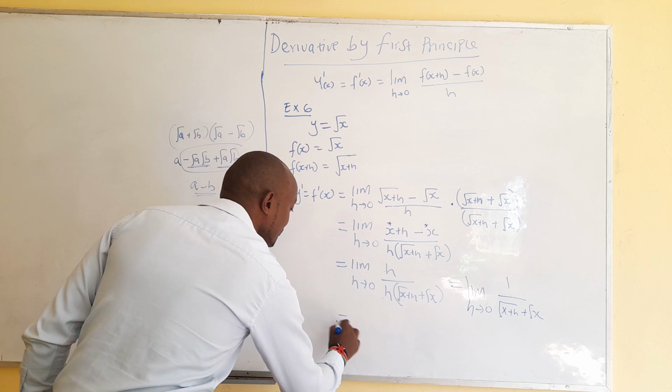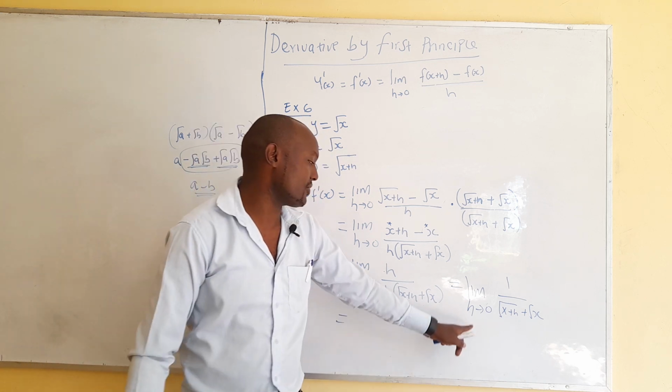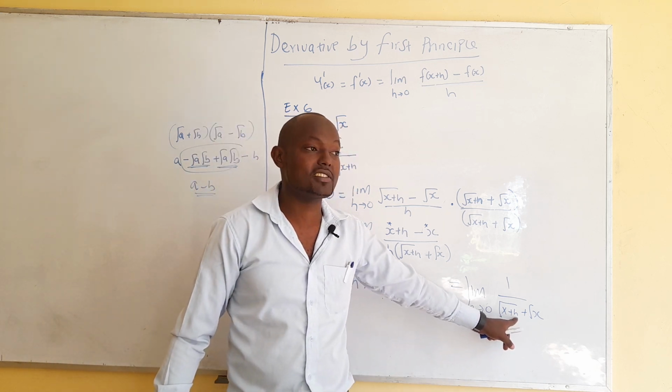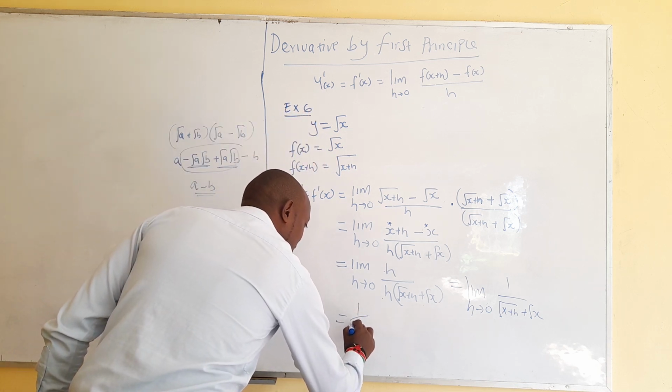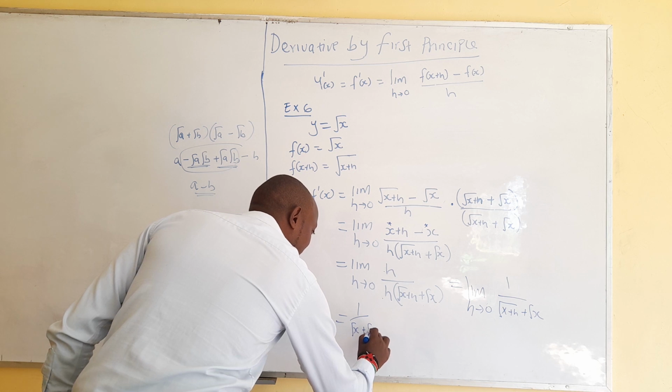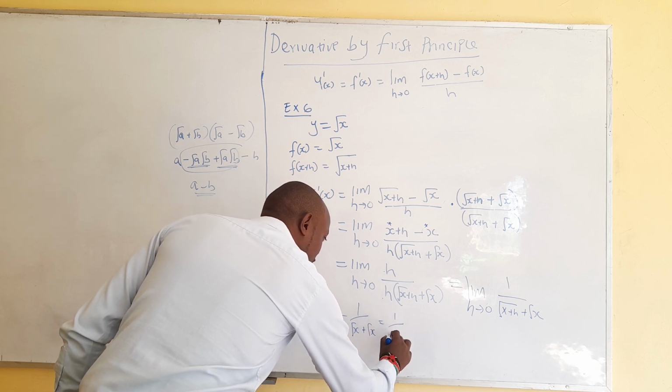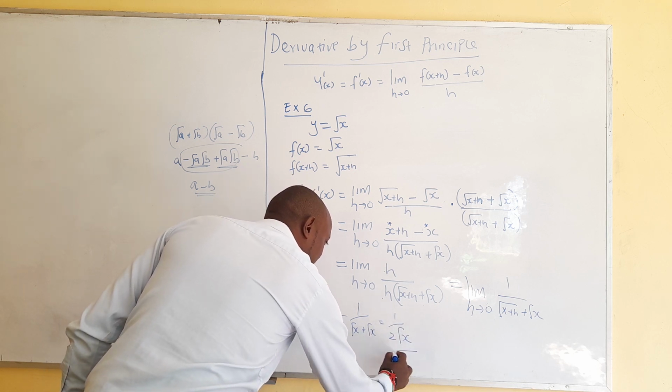Now remember, we use direct substitution: we replace wherever you have h with 0 after solving everything. So you have 1 over root x plus root x, which is 1 over 2 root x.